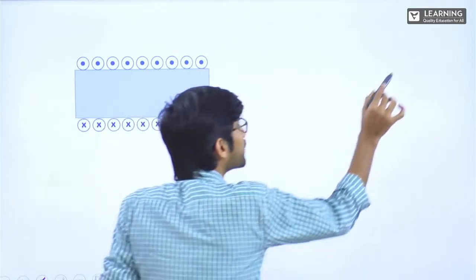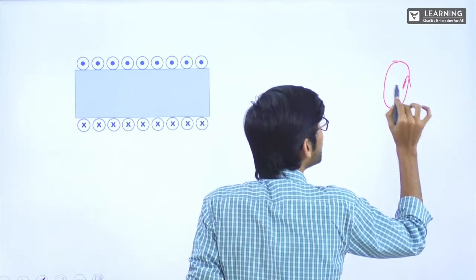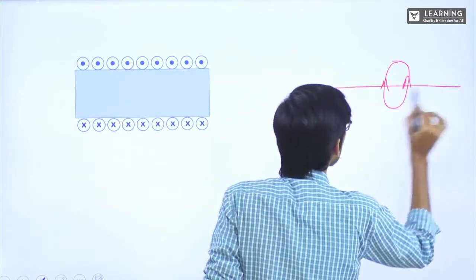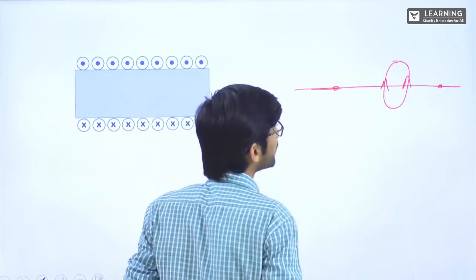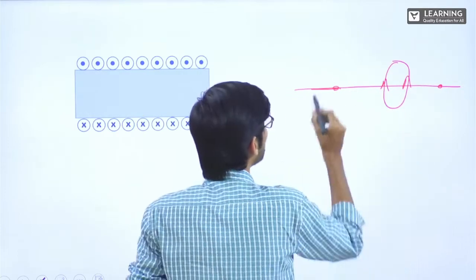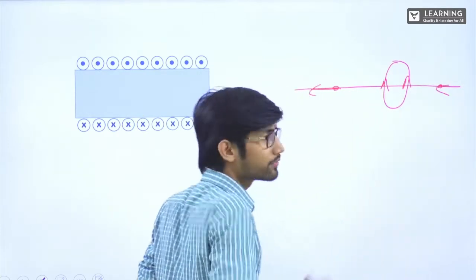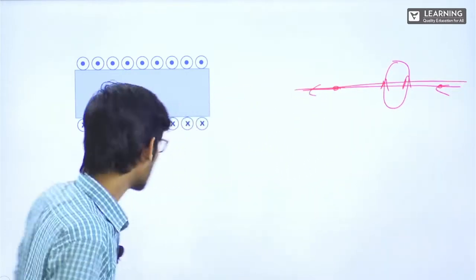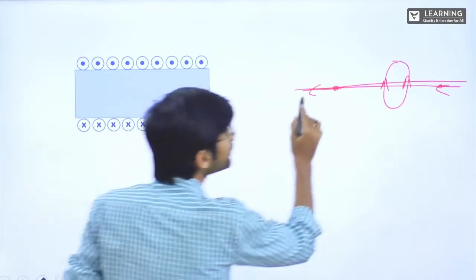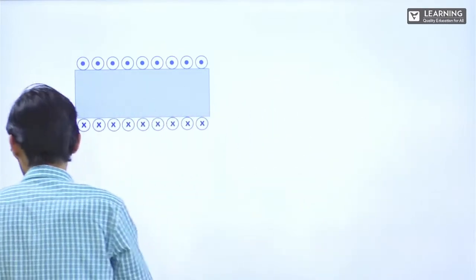On this axis, I told you, on both sides the direction of magnetic field will be same. If the current is going like this, the magnetic field will be in this direction, straight. All the vertical components were cancelled, only the horizontal components were there. Do you remember?